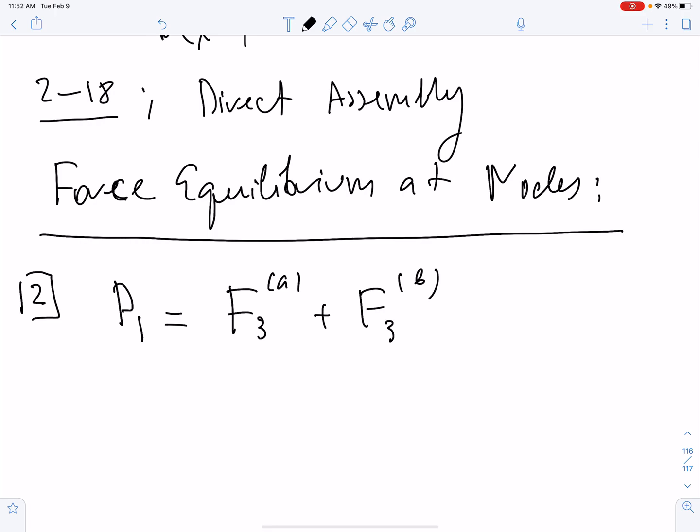So the two X reaction forces that the structural element exerts on that node must be balanced by the force that's applied at that node. Likewise, P2 must equal F4A plus F4B.